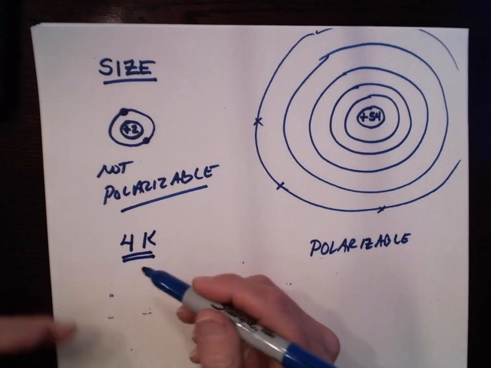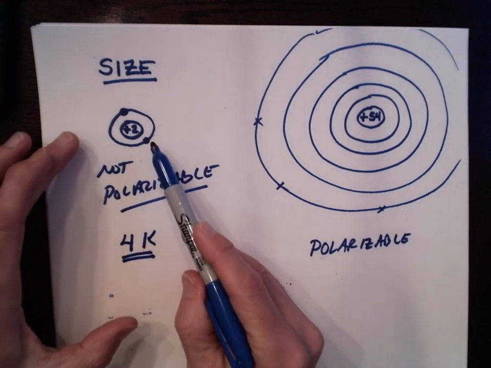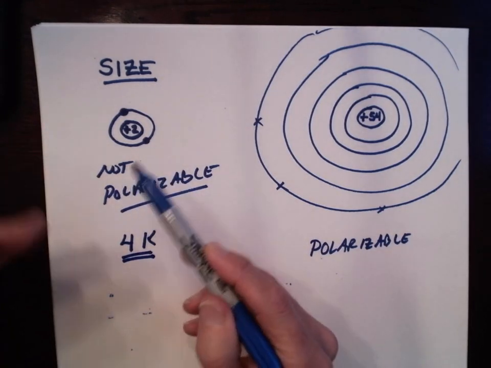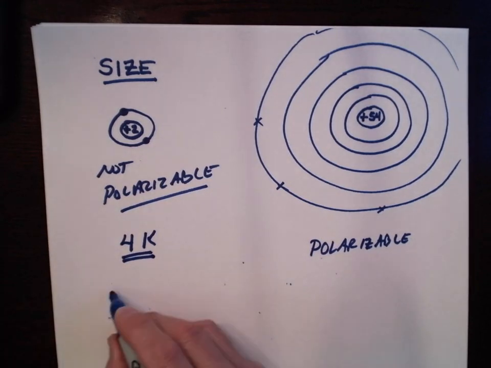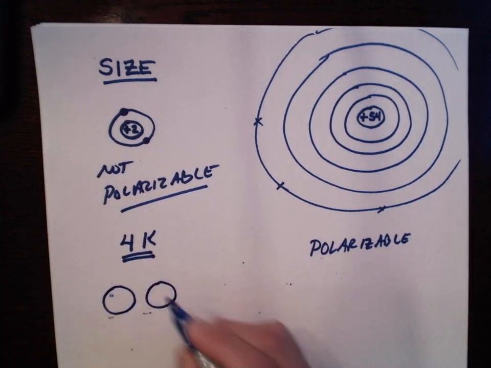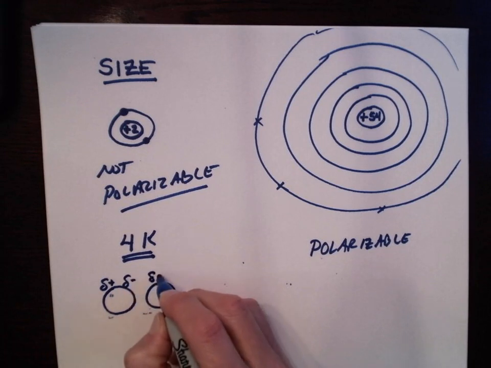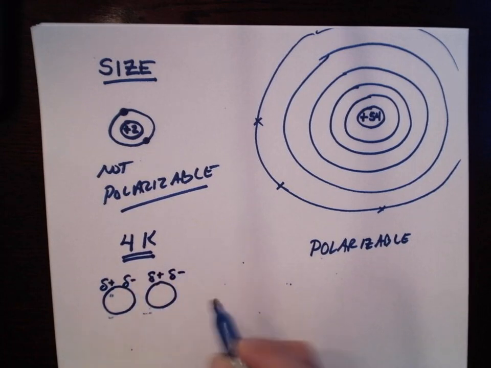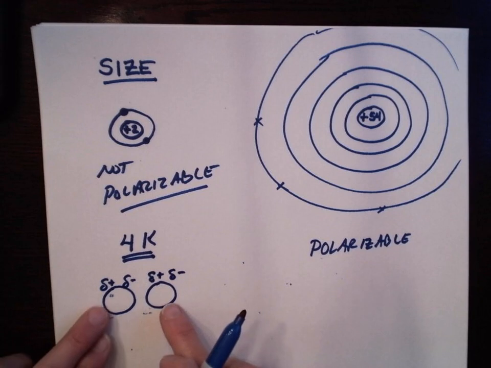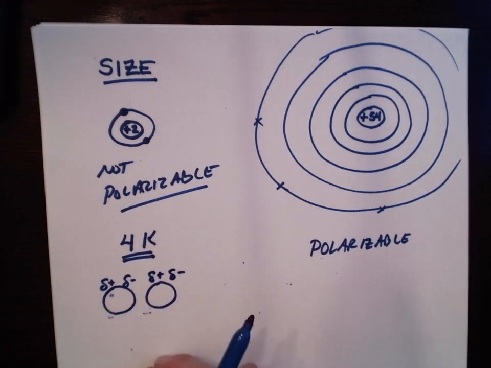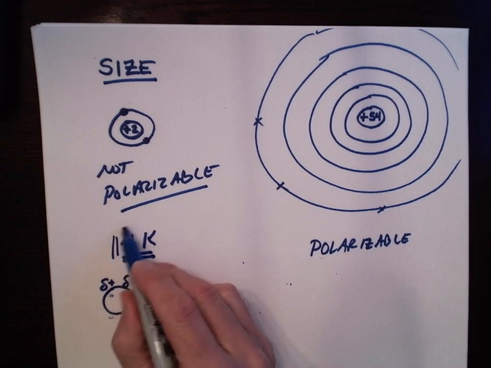And this is a direct result of how difficult it is to polarize helium. If it's difficult to polarize it, it's difficult to set up these small positive, negative induced dipole interactions.